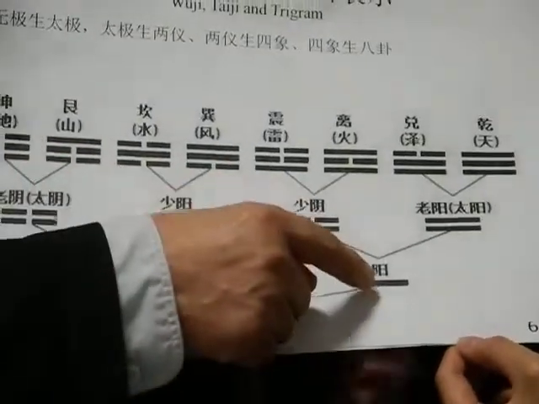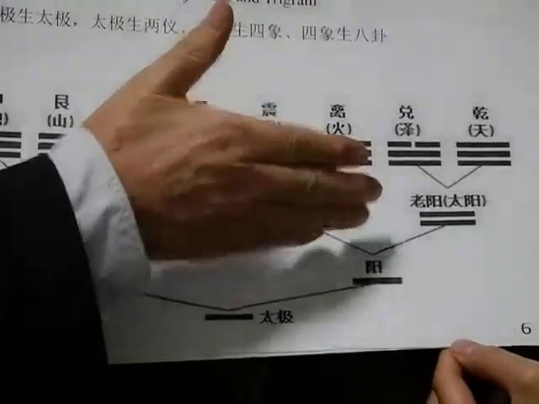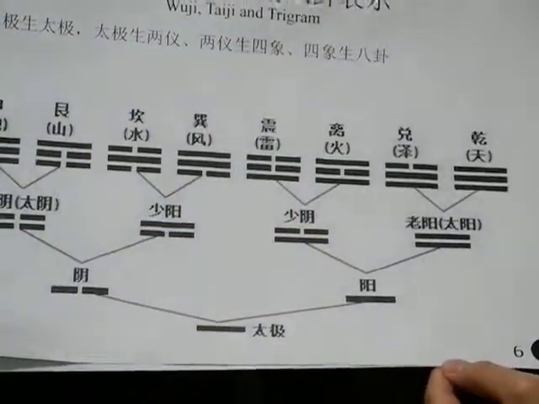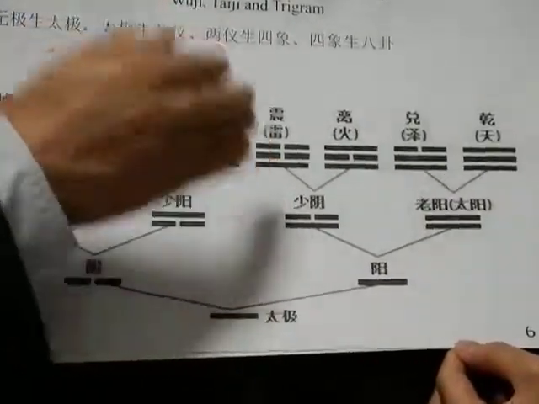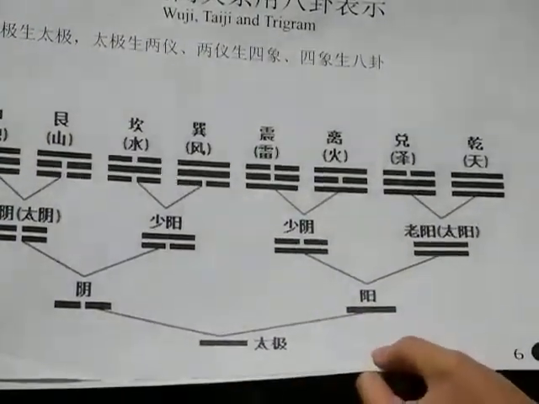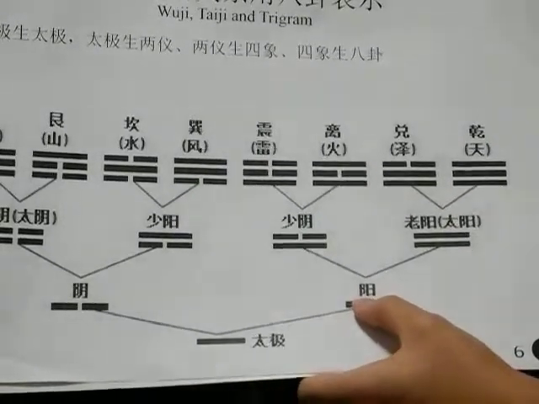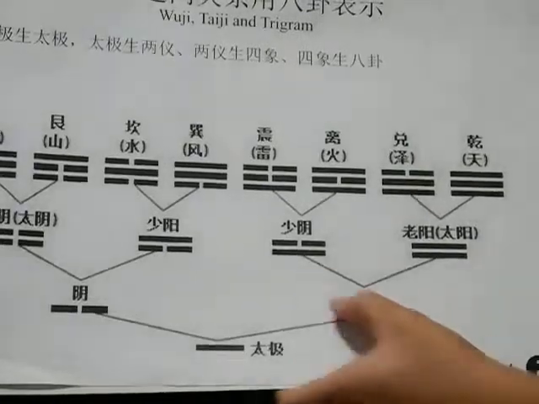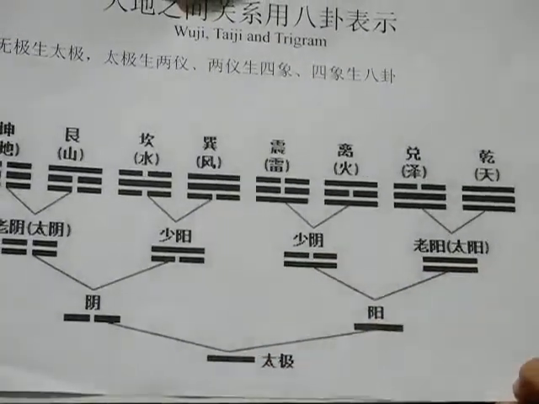So, since qi comes from the bottom, the yang pole on this part doesn't move around or change. It sort of wears a hat, a yin hat over here and a yang hat over here.